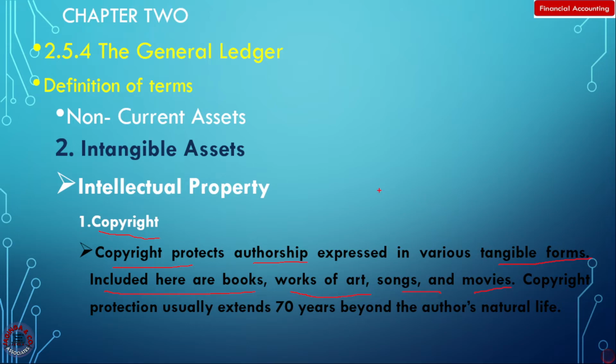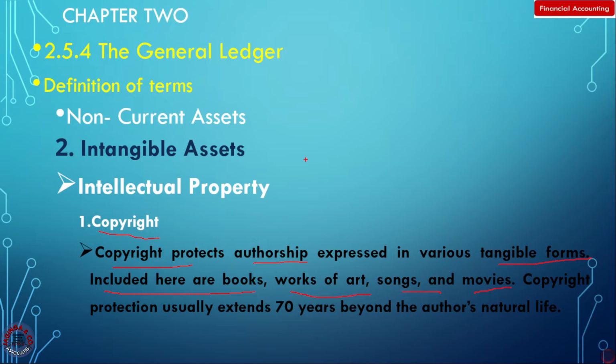So if you are the author of a certain book, you will not authorize another person to make that book without giving you some money or some value to use the rights of authoring that book.